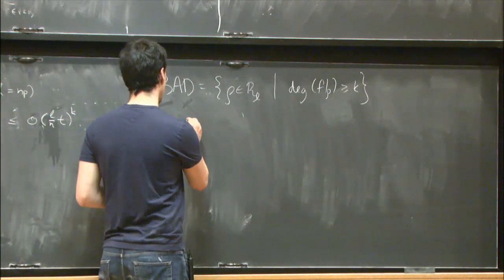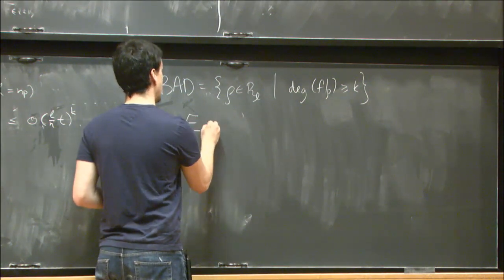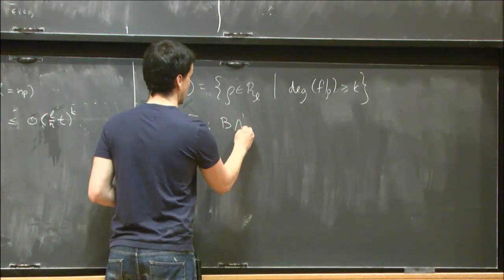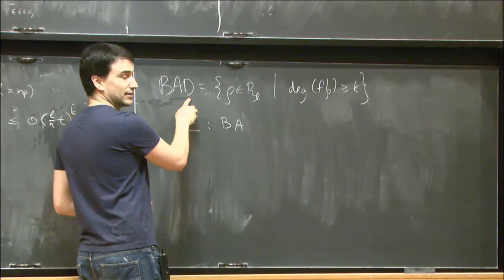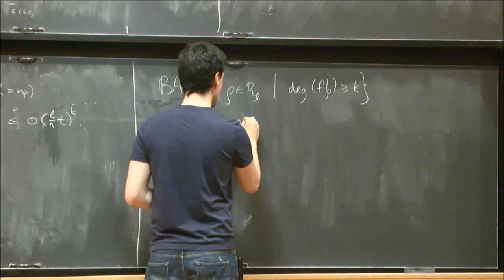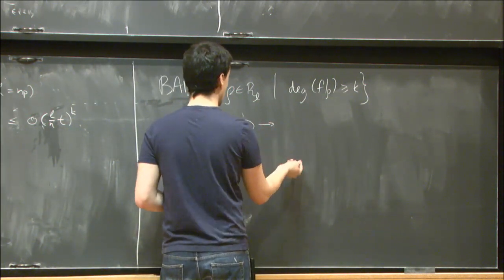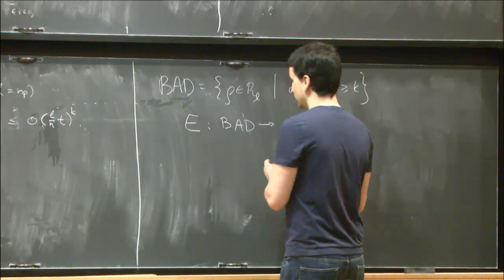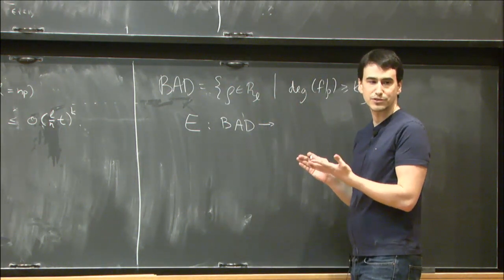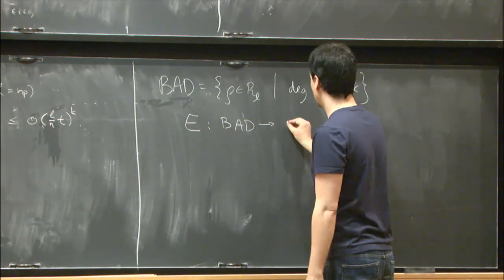So what do we need to do? We want to say that there aren't many bad restrictions. One way to do it is to map the bad restrictions into some set which is small, and to show that this mapping is injective.